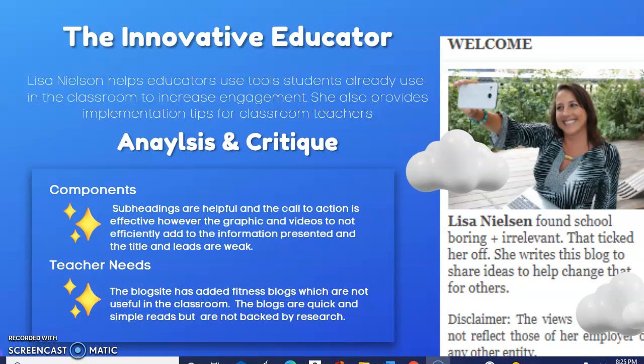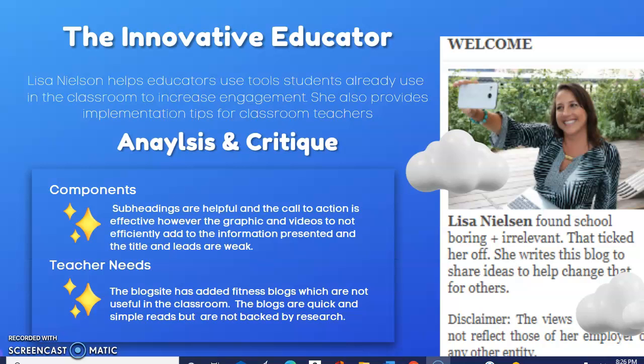It's by Lisa Nielsen. She provides tools to students who are in the classroom in order to increase engagement, so teachers can help increase engagement. She also provides implementation tips. In terms of the components, the subheadings are helpful, and the call to action is effective in her blog.